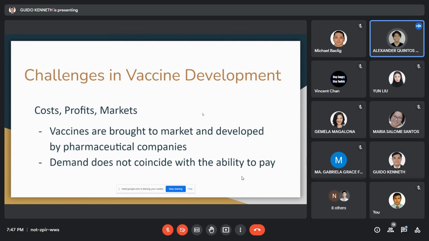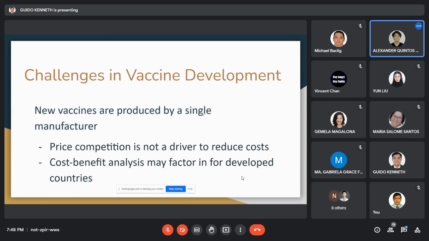For example, third world countries which have high rates of diseases such as polio will not contribute to the monetary gain that pharmaceutical companies are eyeing. So, next slide, please.